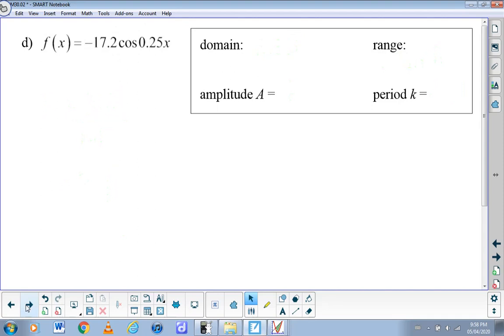What I'm going to do is ask you to just pause the video and, while the video is paused, write down what the domain, range, amplitude, and period are going to be. Just a word of caution here, there's no degree symbol, so we're talking about radians. So you go ahead and pause the video.